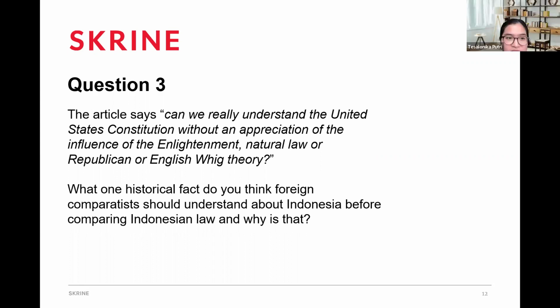I think Nico has mentioned before that one of the historical aspects that must be considered is that Indonesia is a country with various diverse backgrounds, so it has its own religious laws and customary laws which are still used today.